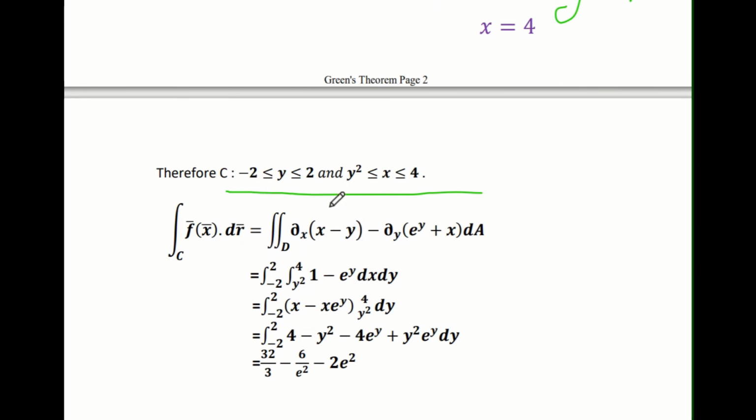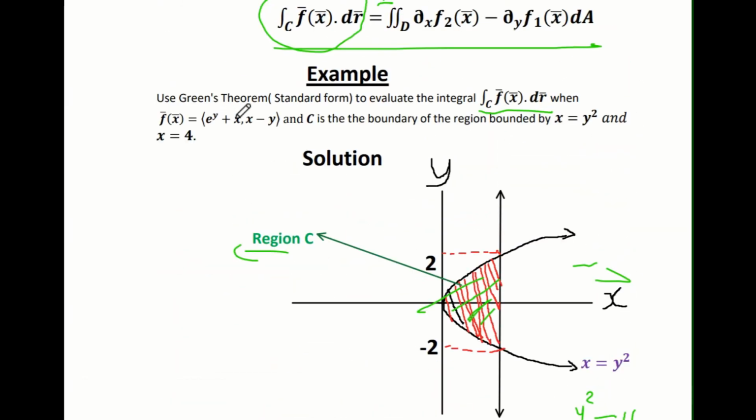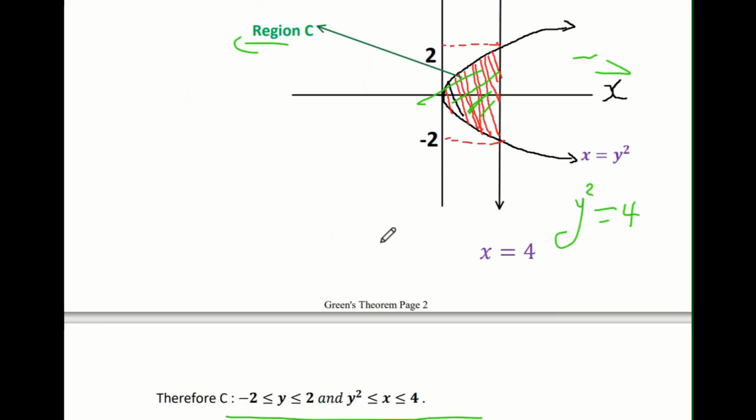On the right side, you take the partial derivative of the second component with respect to x. The second component is x minus y and the first component is e to the y plus x.